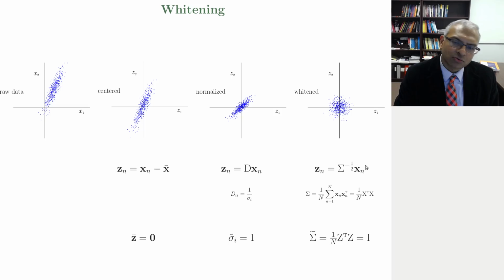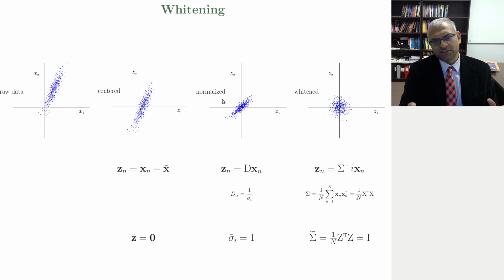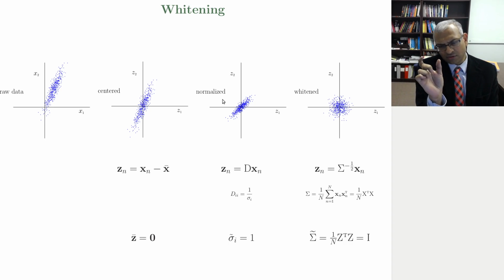What does that mean? So once you perform this whitening transform, the covariance matrix for the transformed data will be the identity. So normalizing, what did it accomplish? It set the variance of each dimension independently to 1. But there could be covariance between Z1 and Z2.